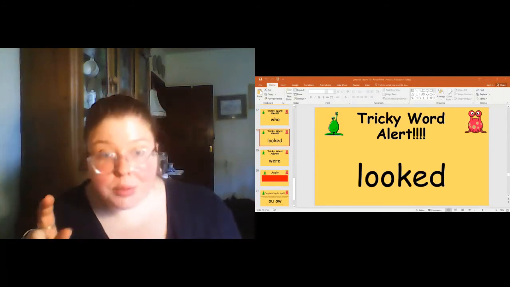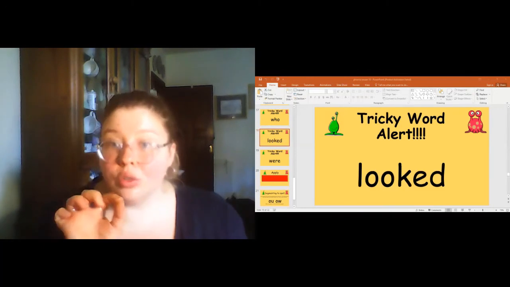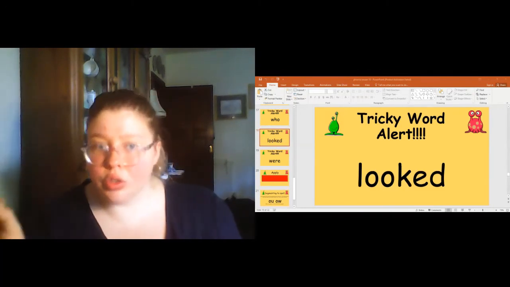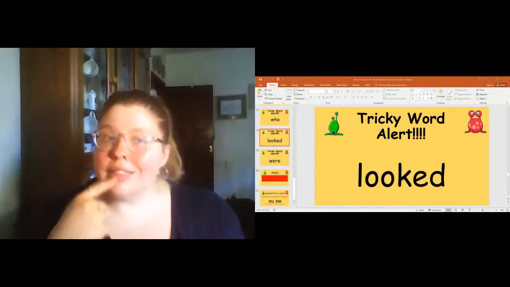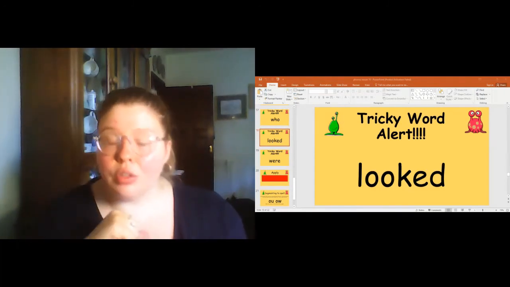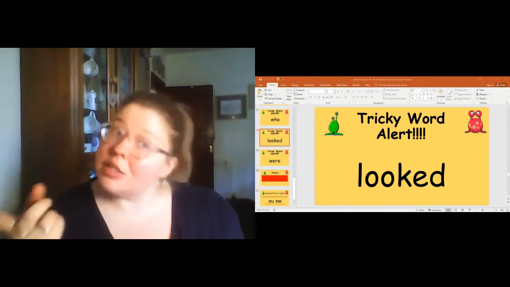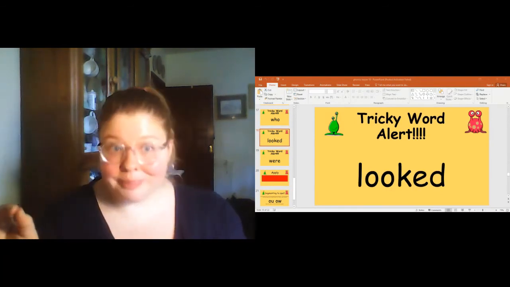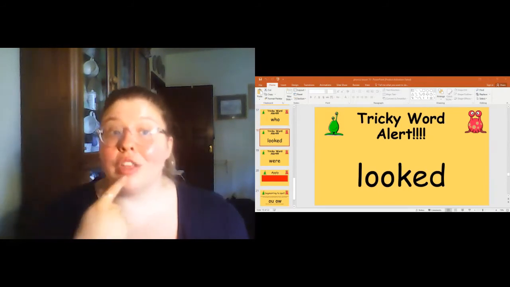But the tricky bit in this word is that the ed at the end makes a t sound. So it's ooked, looked. That doesn't sound right. So I know it's a t sound. Looked. This word is looked. And it's tricky because that ed at the end is making the t sound.